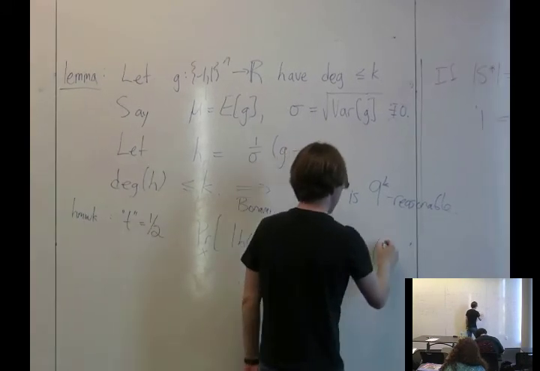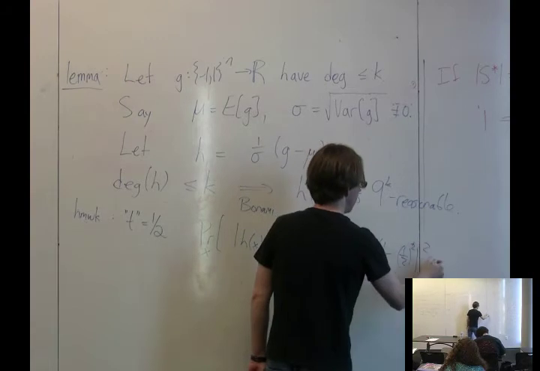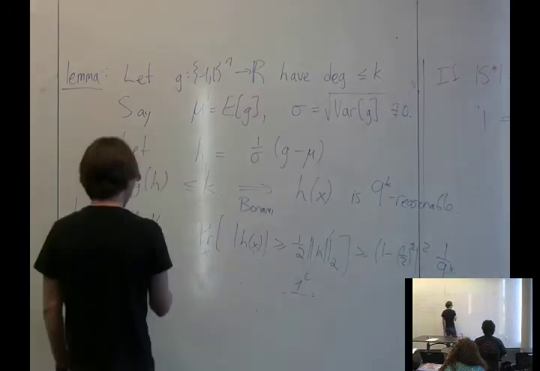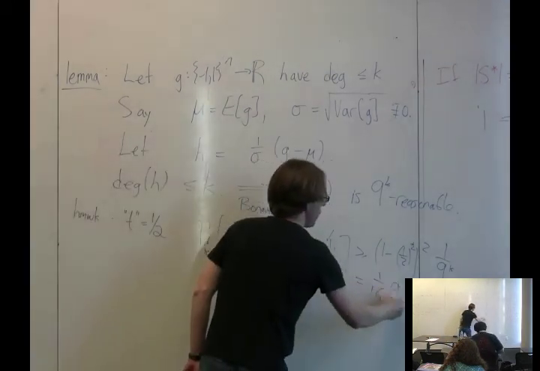So it's like 1 minus a half squared, squared, times 1 over 9 to the k, which is, I guess, 1/16 times 9 to the minus k.